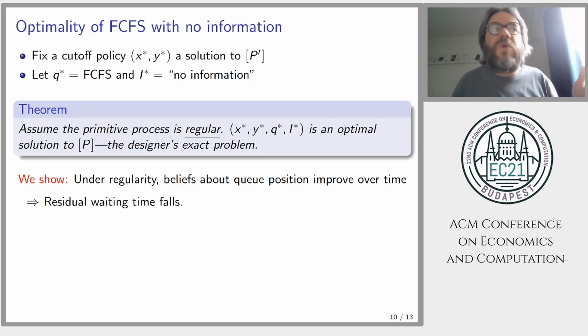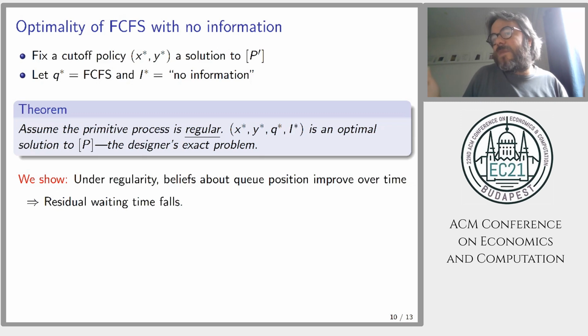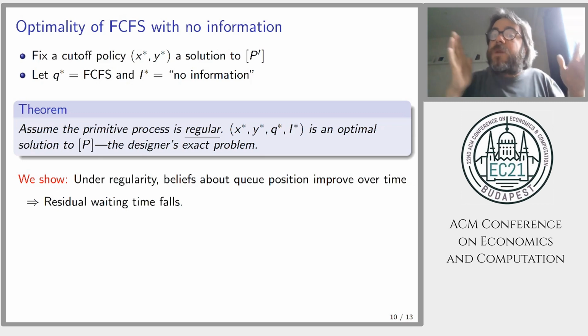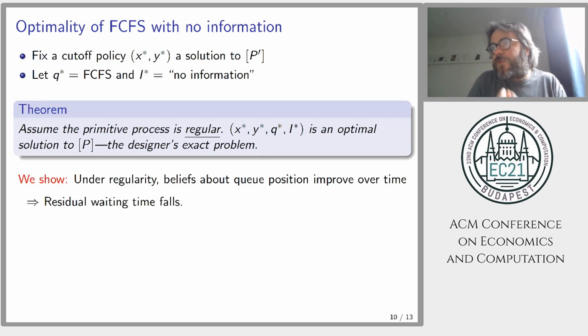Maybe now I'm thinking that there were many more agents in the queue than I initially thought. And so I'm going to be more and more pessimistic on my initial position in the queue. This is a force which makes me pessimistic and pushes my residual waiting time upward. So you have two opposite forces, and the main goal of the proof is to show that under regularity, good news is stronger than bad news, so the positive force is stronger than the negative force.